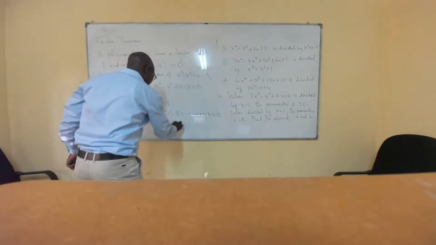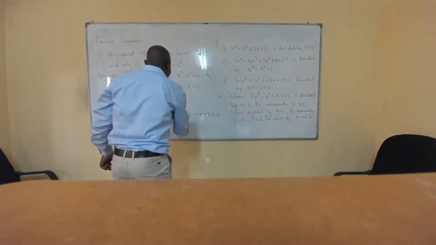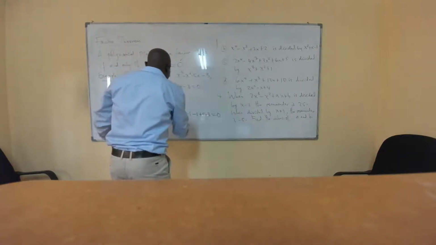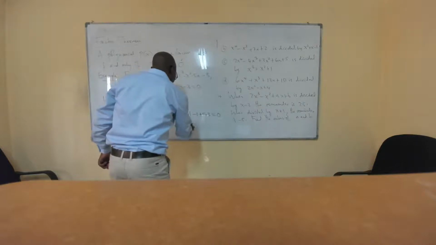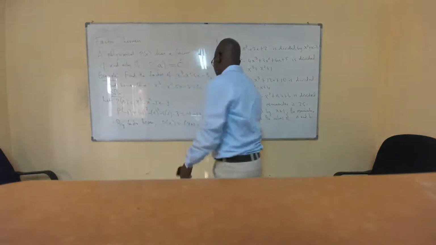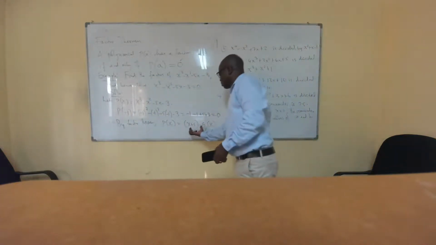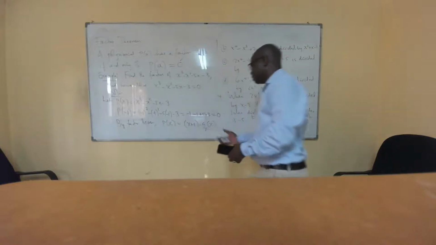P of x can be written as x plus 1 times some polynomial here. It's a factor, which means you can write something like this.